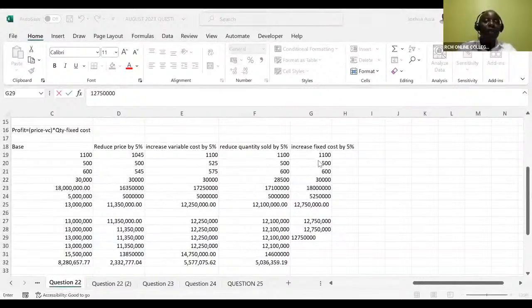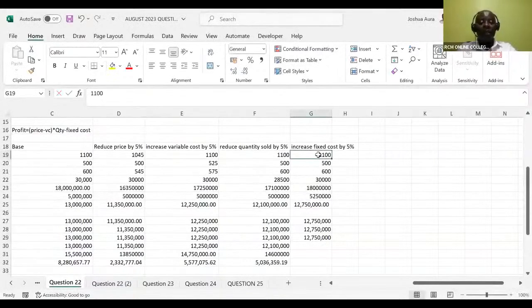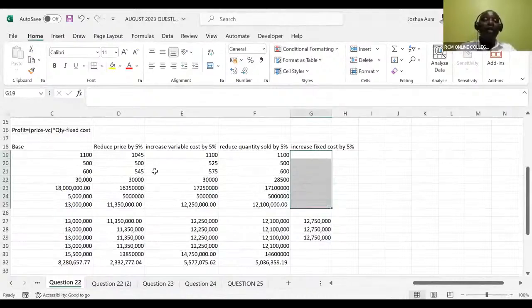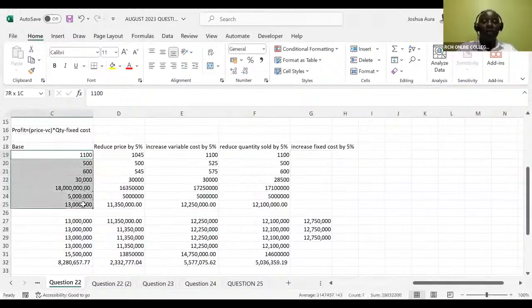So basically what I've done here, I came first of all and took the base figures, Control C. Then I came and pasted them here.